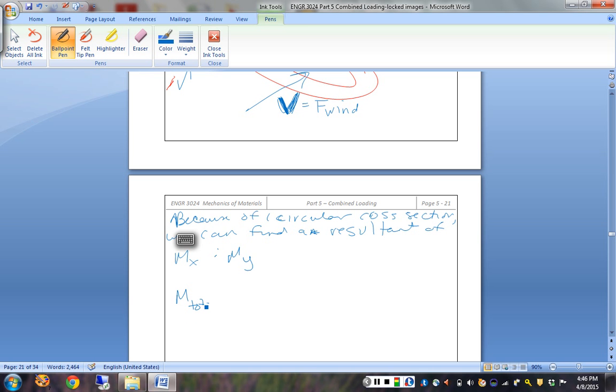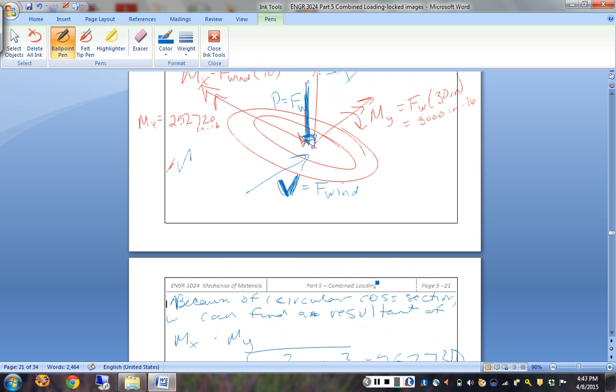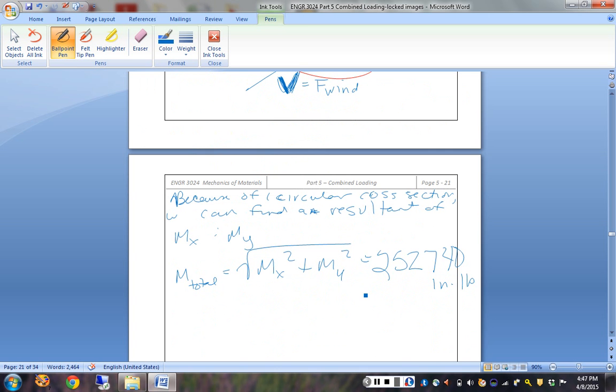So M total is just the Pythagorean sum, and that ends up being 252,740 inch pounds. Did I already write that number? I wrote that number. We're good.